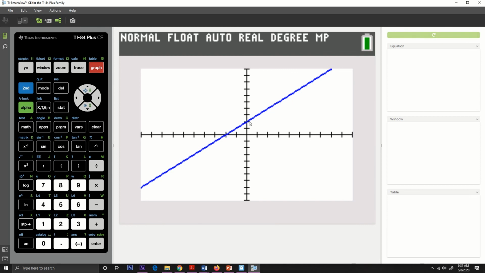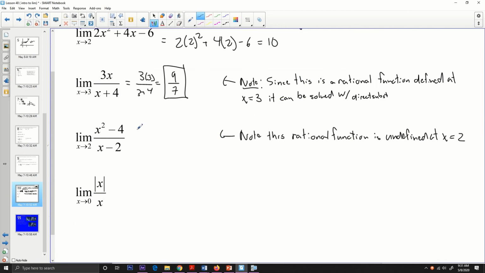But if I think about it in the context of a limit, as I come in from the left and as I come in from the right, this thing looks as if it's going to go towards 1, 2, 3, 4. And so at 2, I get 4. And that turns out to be the limit. And we will have a better explanation why that is true in the next lesson.